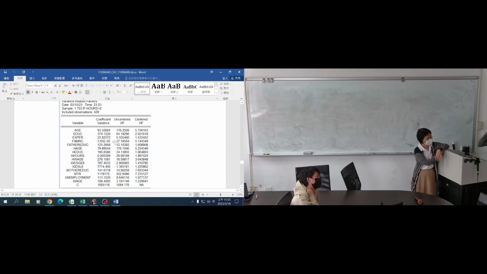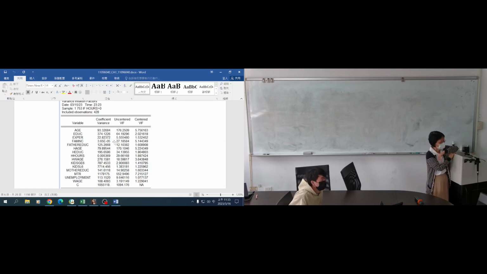The highest R square of the auxiliary regressions is for age, family income, husband age, husband wage, and also MTR. So I suspect those variables, and also father education and mother education, because the two variables are highly correlated, which will impact the other X variables.